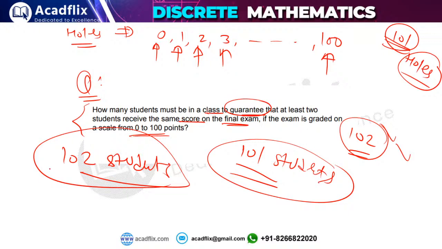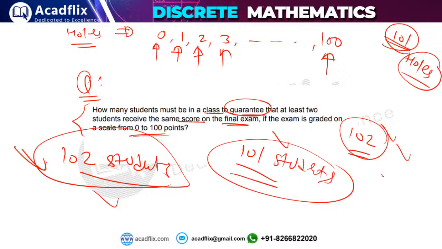So that's why the answer is 102, because we have 101 holes. If you have 101 students, you cannot guarantee. Maybe every student is getting different marks.